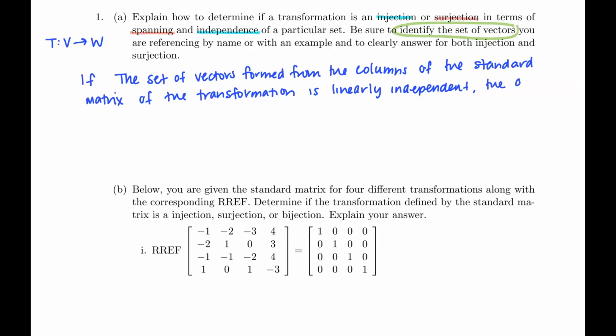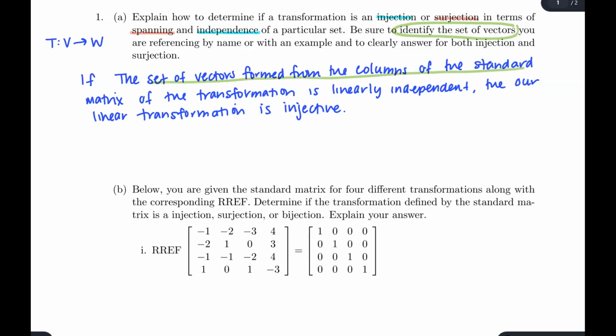And see, this is where there's so much more writing to be done if we don't have T defined as this linear transformation. So on version 2, I'll give you a little more of that context so it's not as much work to write about these things. Linearly independent, then injective. All we did here was link, but we did this part about the set of vectors.